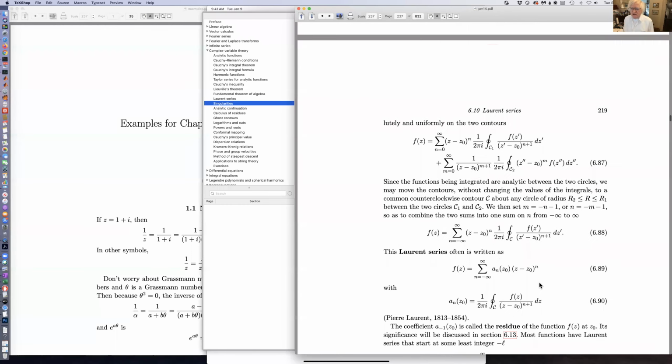This integral is the recipe that we saw earlier when we were talking about this kind of series, namely that the nth residue at z0 is an integral of f of z around the point z0, and you divide by n plus 1. All right, so let me get back to here.